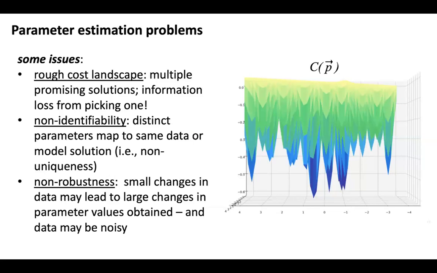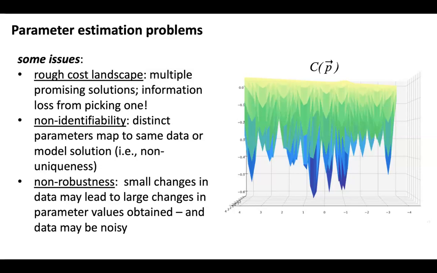Right, so here's an example of a cost, what we call an energy landscape, that came up in a problem, and you can see it's very different from the one on the previous slide. So who's to say that this minimum is really better than this minimum, right? They're so close. How are you even going to find all of these distinct minima?